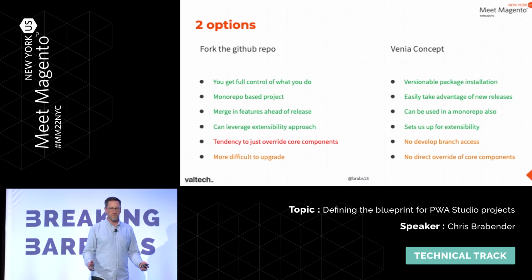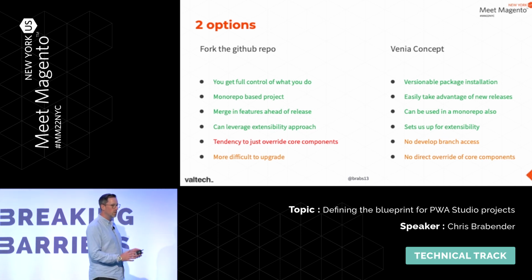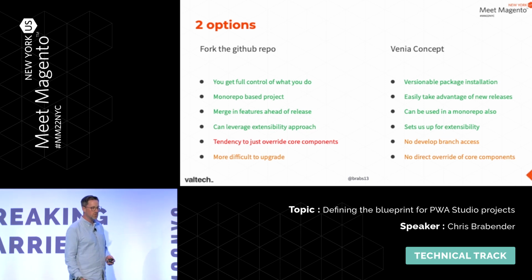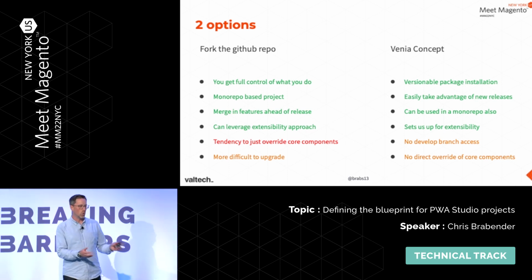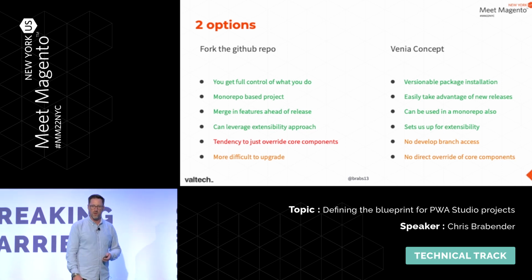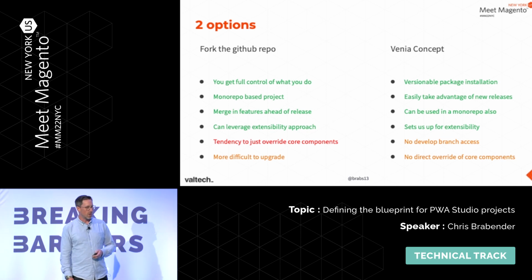And you can merge in features ahead of time because you can come off the develop branch, and you can take that whenever Adobe commits directly to that repo. And you can still leverage an extensibility approach when we are looking at the GitHub repo. The problem is, developers somewhat have a tendency to just start overriding the core because the code is there in their repository, which makes it more difficult to upgrade, if not impossible at times.